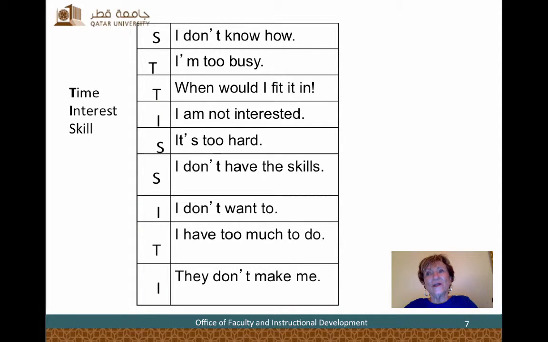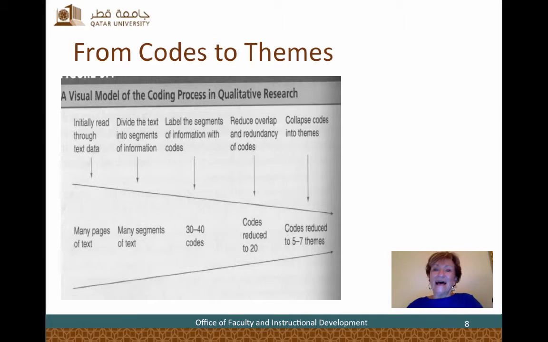And we could even use our codes to make frequency charts and have quantitative data that we can do statistical analyses on. Or we can just use the themes that are emerging to tell our narrative. This is just a picture that shows you a little bit about how you go from the big data through the coding, collapsing those codes.